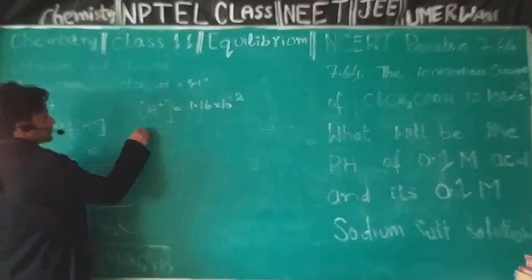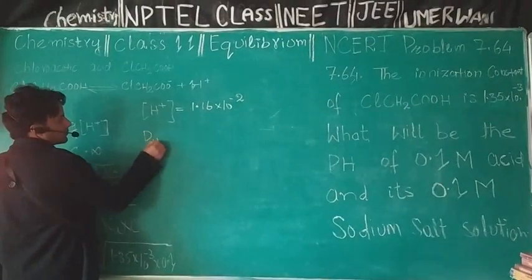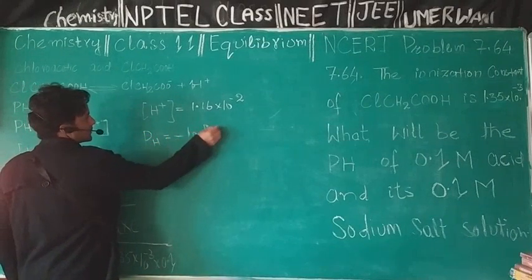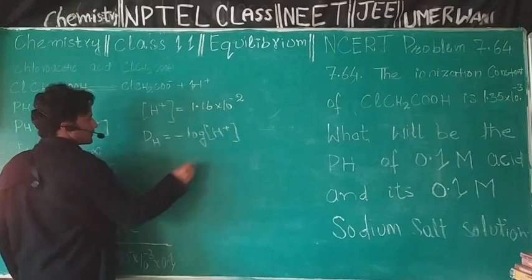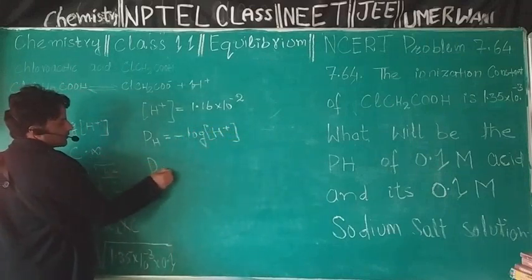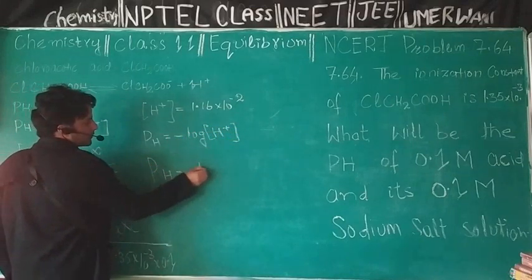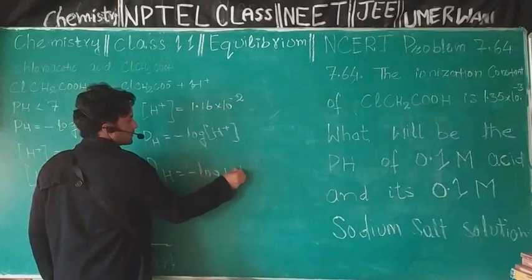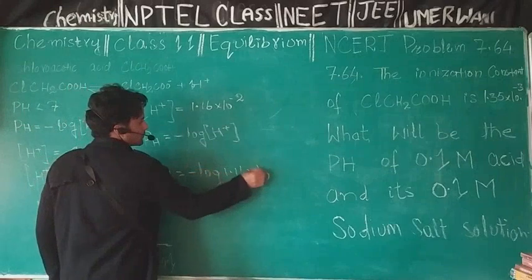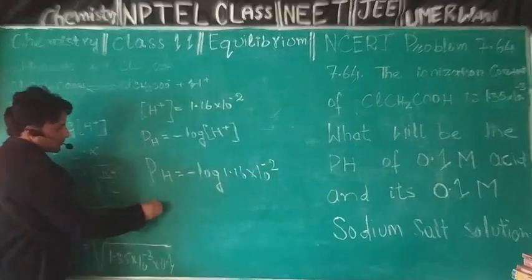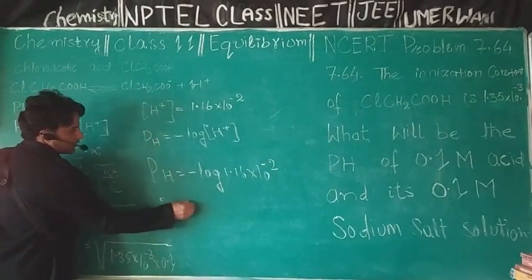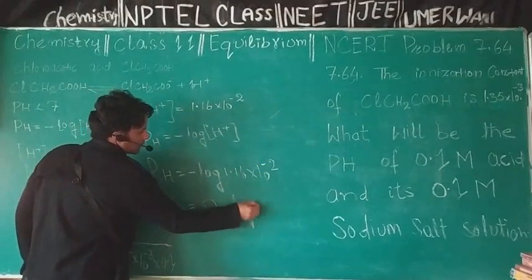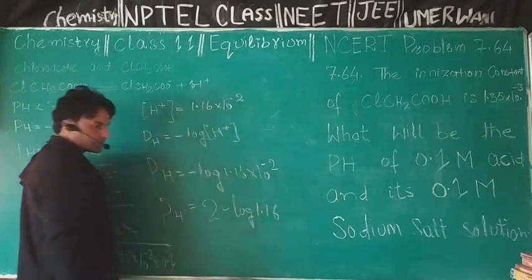Now we will go for calculation of pH. pH will be equal to minus log of H positive ion concentration. pH will be equal to minus log of 1.16 into 10 raised power minus 2. pH will be equal to 2 minus log of 1.16.